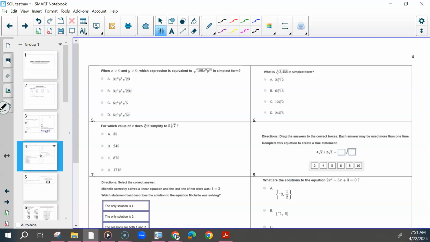5 was D. And we're going to talk about how to do things with variables today. 6 was C. And 7 was also C. So for 6 and 7, you could have put this into the calculator and saw which decimal matched.